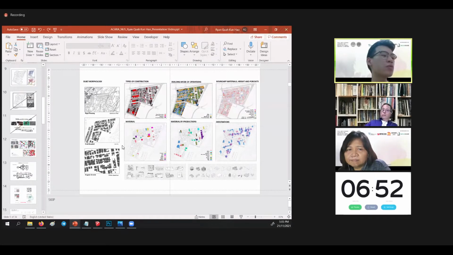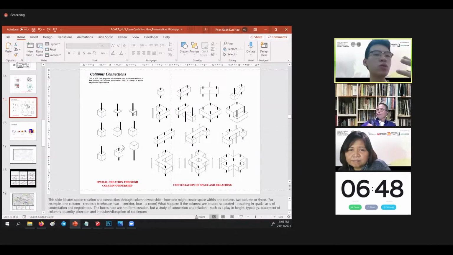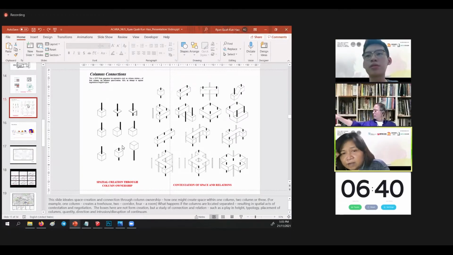Hence, I created the columns as affordance, where they can use the columns to create their own spaces through different ownership of columns. Okay, so the negotiation, in your case, is between people's needs. Okay, thank you.